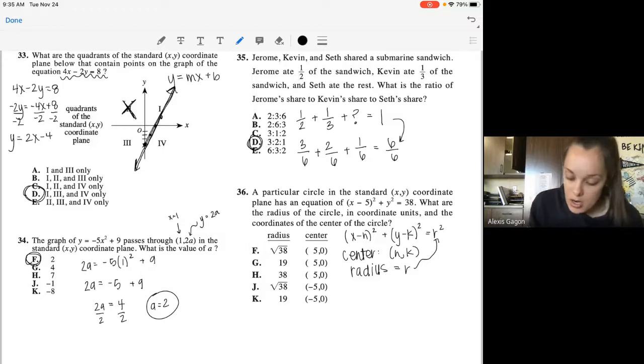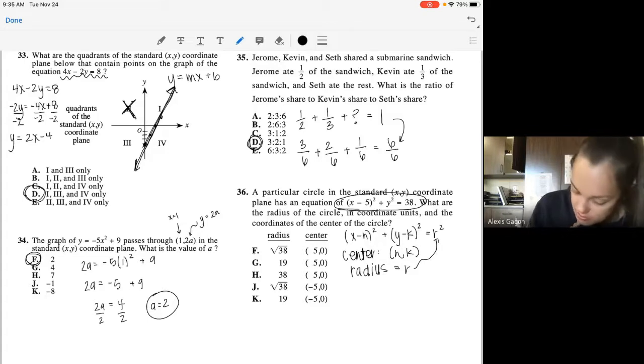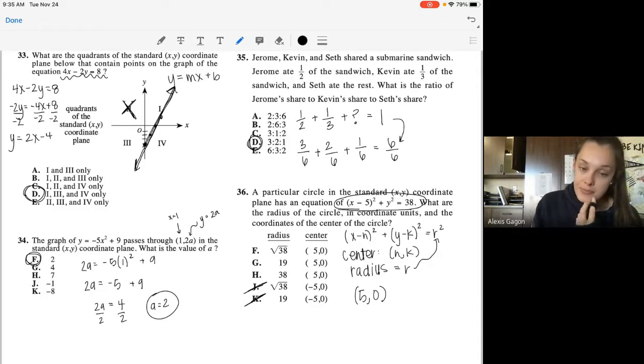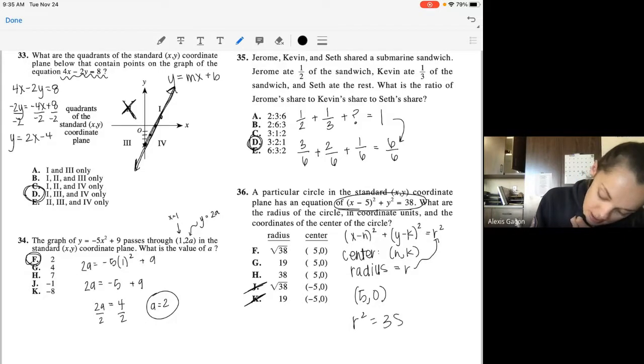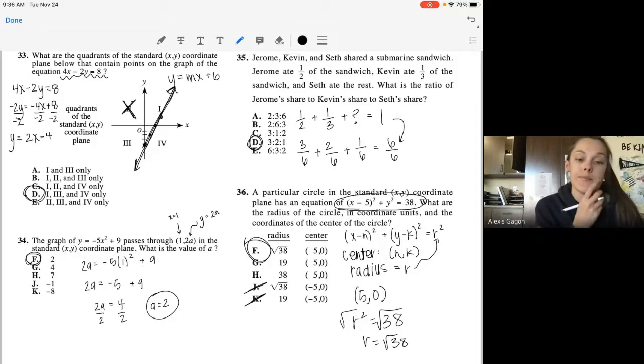So for our equation up here, our k is 0, so our center is 5 comma 0, which means it's not going to be j and it's not going to be k. And then the radius squared is 38, so if we square root that, the radius equals the square root of 38. So it must be f.